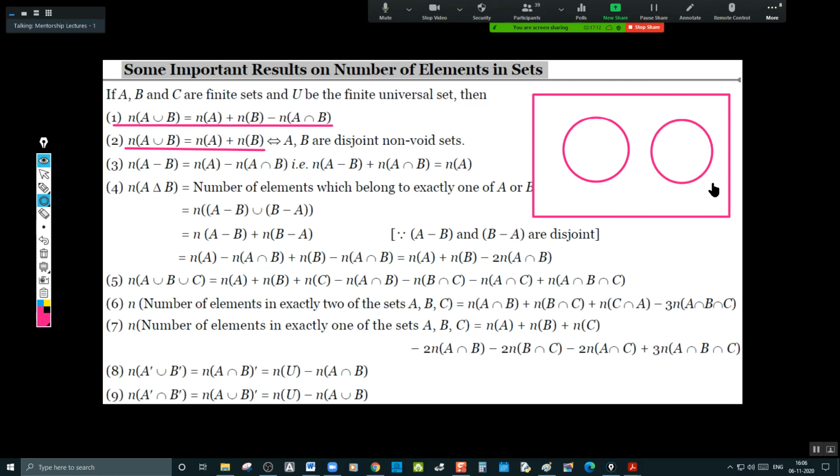First one is A, second one is B. We are adding them. Nothing is common, nothing is to subtract. That means in this case, A intersection B is equal to phi. What is phi? Null set.